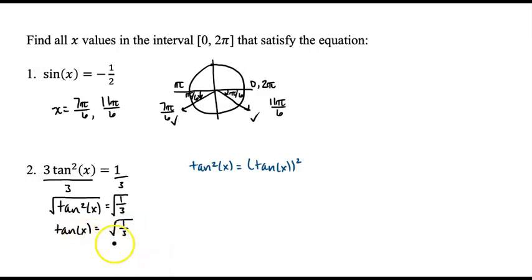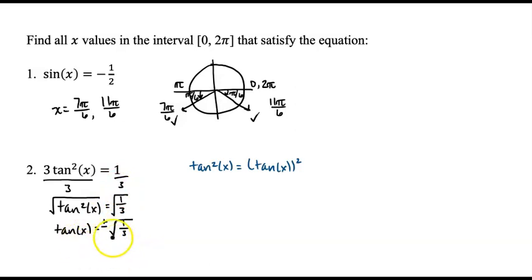However, remember, when I'm solving an equation and I take the square root of both sides, I know a negative times a negative is a positive, and so I know that this is really a positive or a negative square root of 1/3. Because if you square a negative root 1/3, you get a positive 1/3 still.